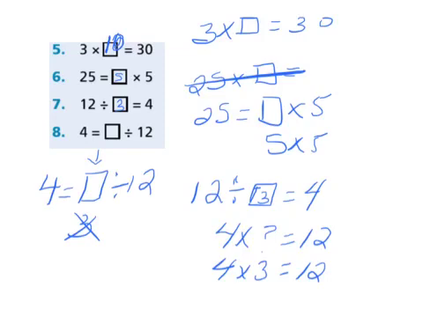Well, 2 groups of 12, 12 and 12 is 24. 3 groups of 12, 12 plus 12 plus 12 is 36. 4 groups of 12 is going to be 48. So let's try 48 divided by 12. Well, that does equal 4, so we're right on 48.